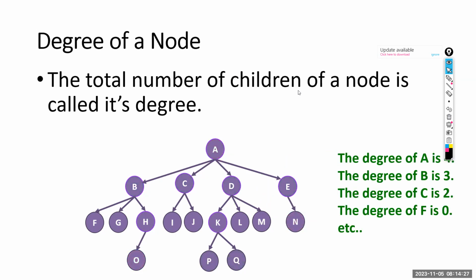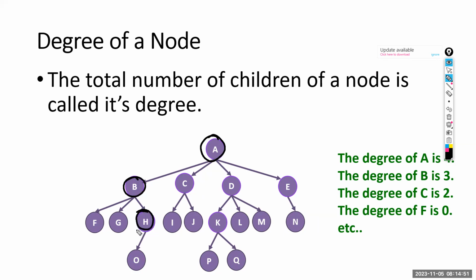So then we have another concept called degree of a node. The degree of a node is the total number of children of a particular node. For example, A has 4 children, so we say the degree of A is 4. B has 3 children, so the degree of B is 3.